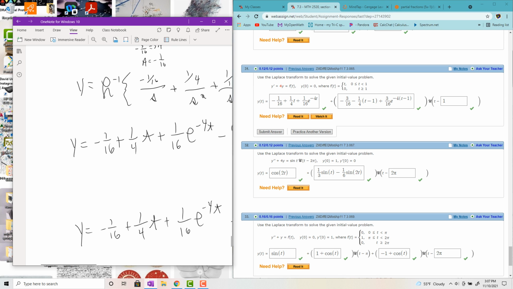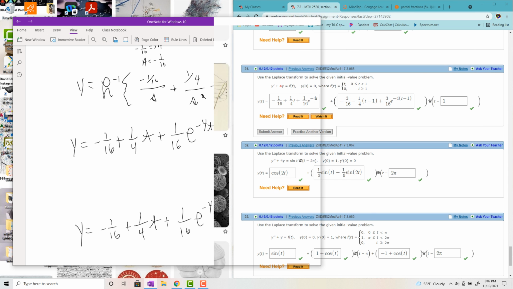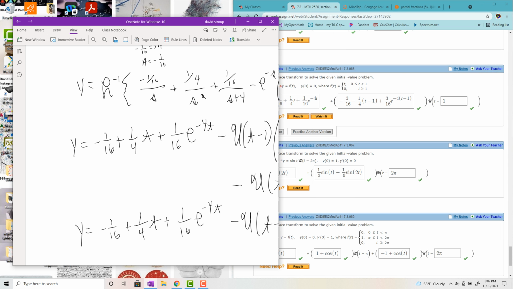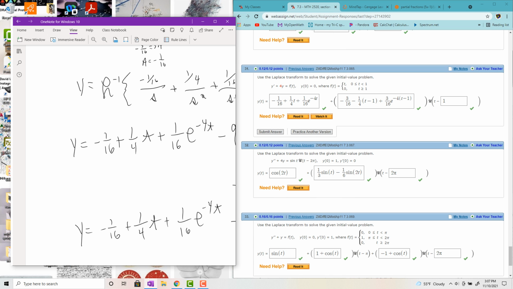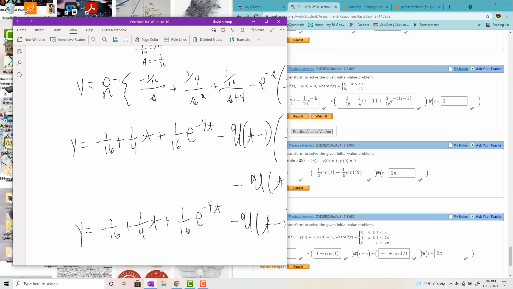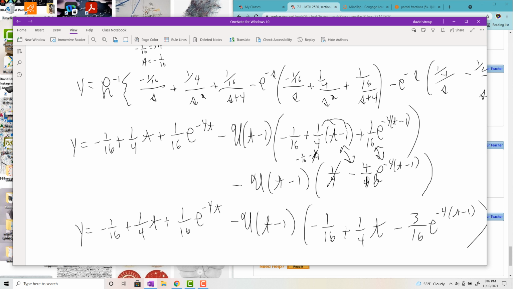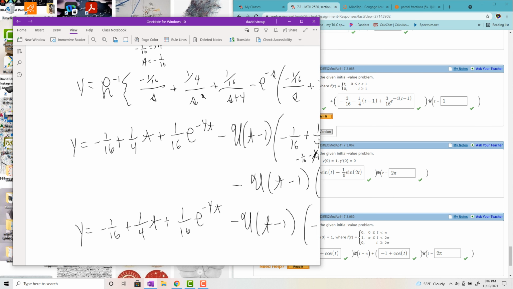You know, you just get that way after a while. My answer is, I believe it's the same. It's just the 1/16 e to the negative 4t, negative 1/16, and then I combine the negative 3/16. Whoops, is that right? Oh, I see what I did.